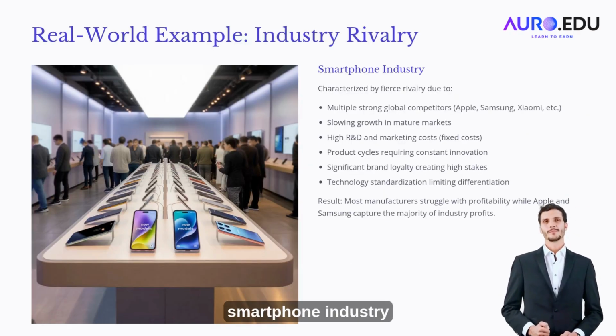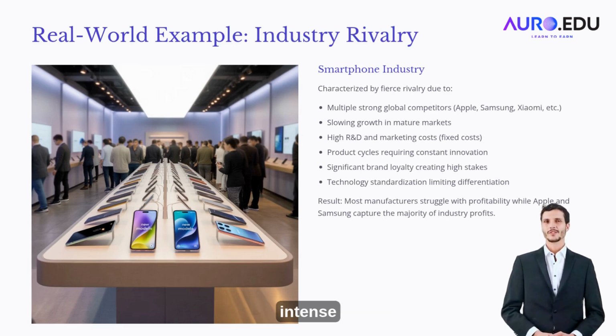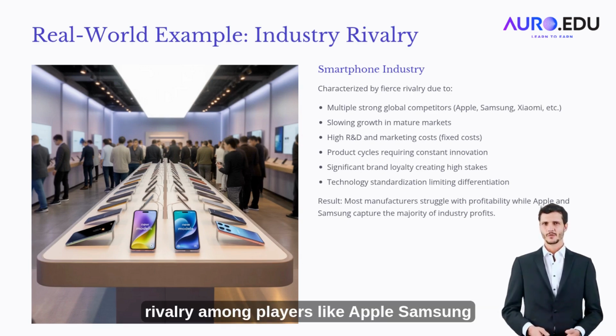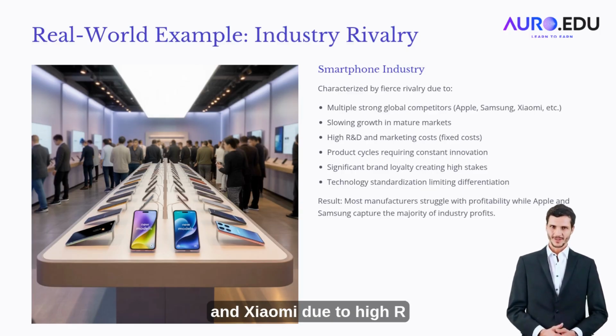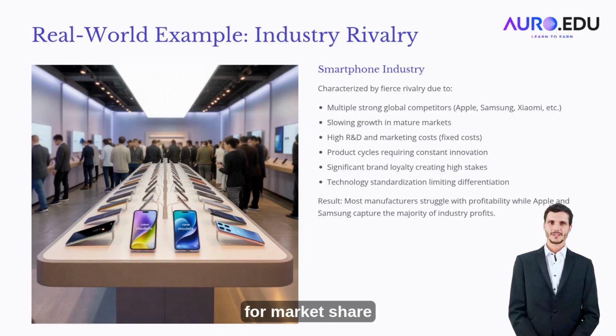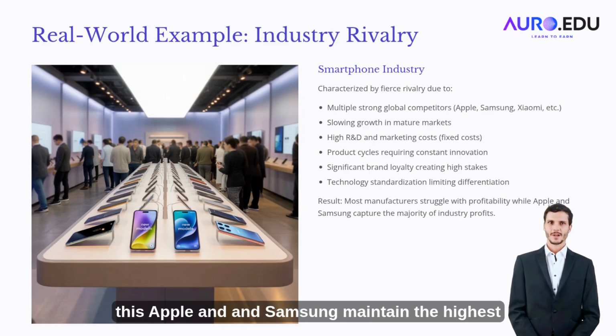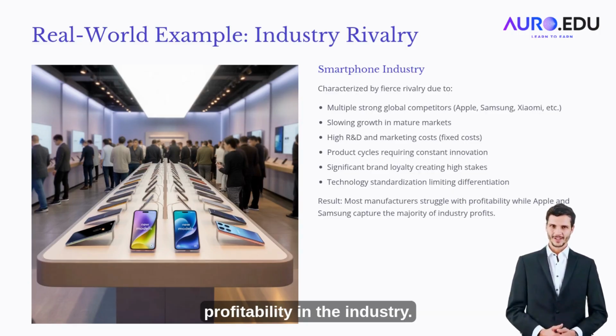Real-world example: smartphone industry. Intense rivalry among players like Apple, Samsung, and Xiaomi due to high R&D costs, innovation cycles, and fierce competition for market share. Despite this, Apple and Samsung maintain the highest profitability in the industry.